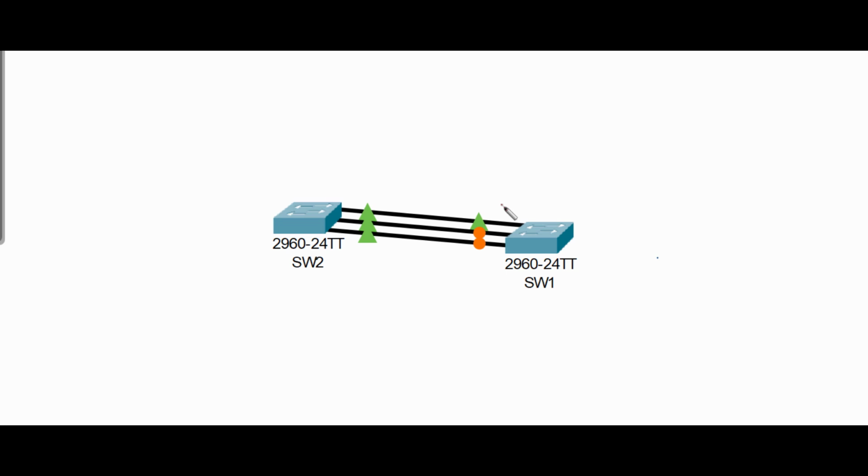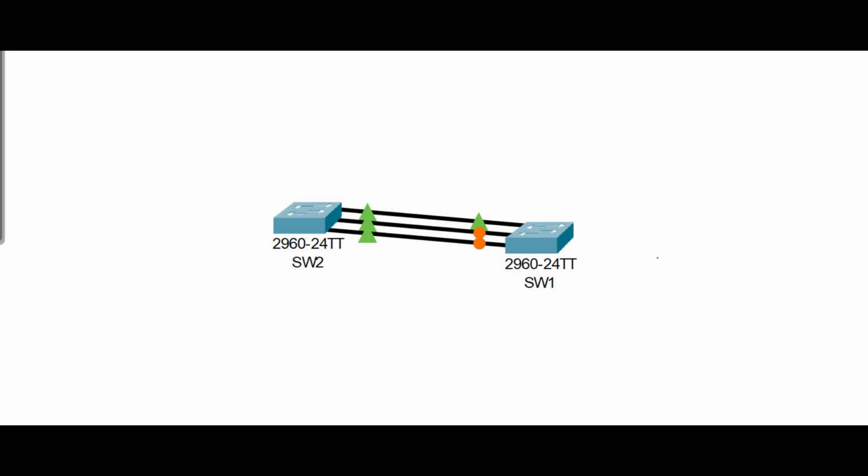The main difference is that auto waits for the other side to initiate the EtherChannel negotiation, whereas desirable is the one that actually initiates. So if you have desirable here and auto over here, the EtherChannel should form. If you have desirable on both sides, that should also form the EtherChannel.